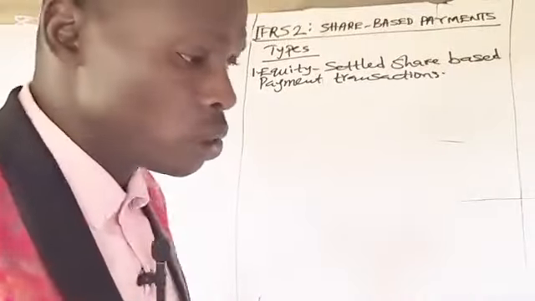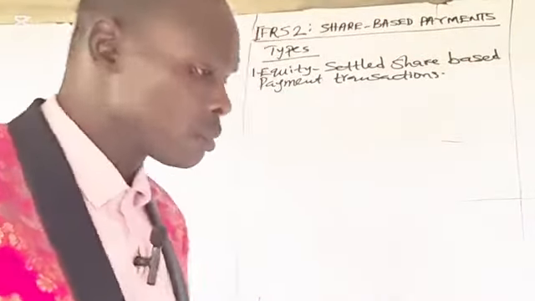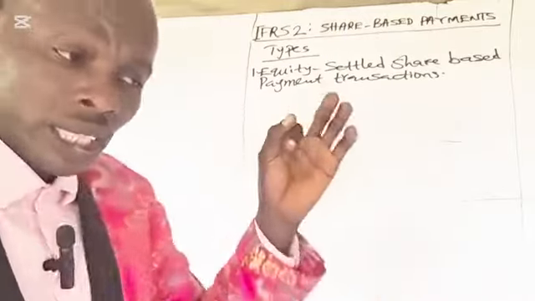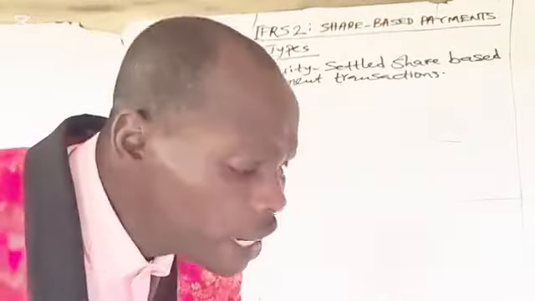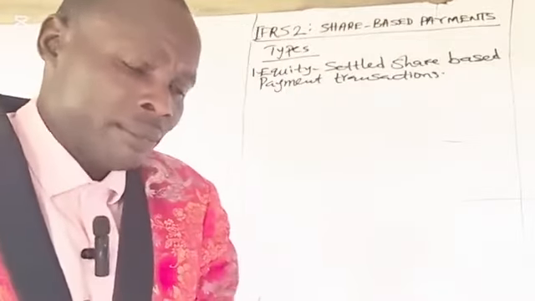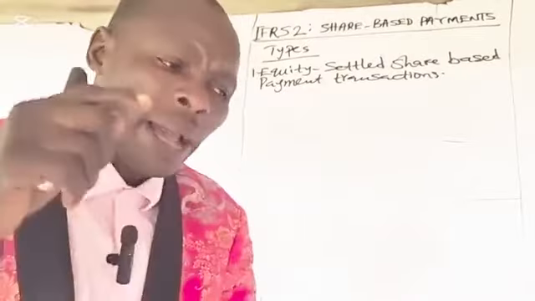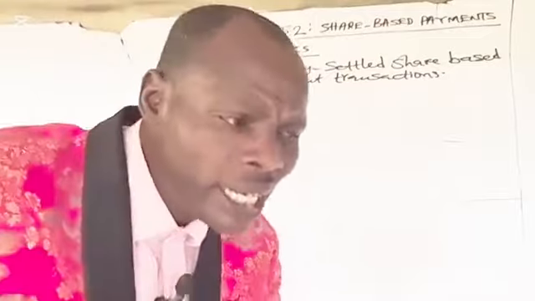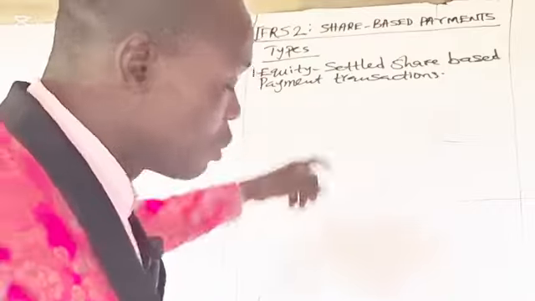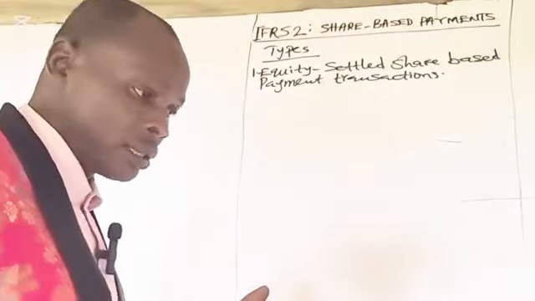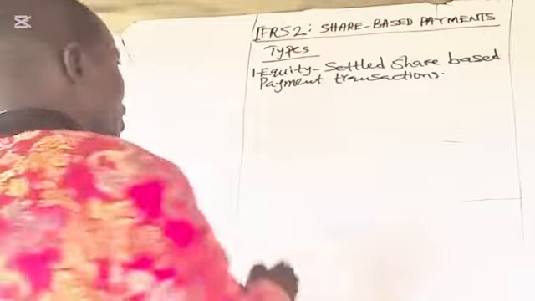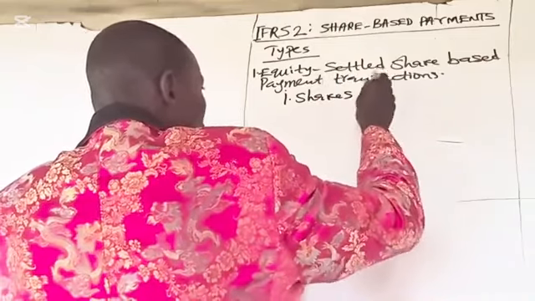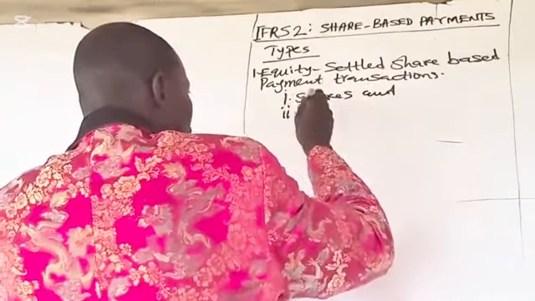So, equity settled share-based payment transaction. This is where the entity pays for goods or services by issuing equity instruments, which include shares and share options.